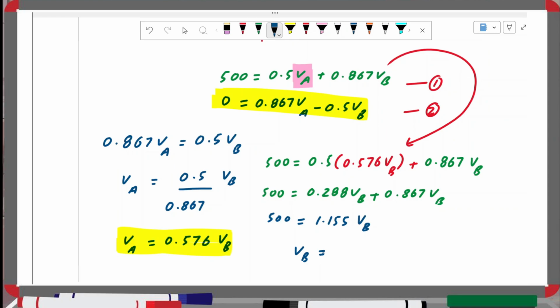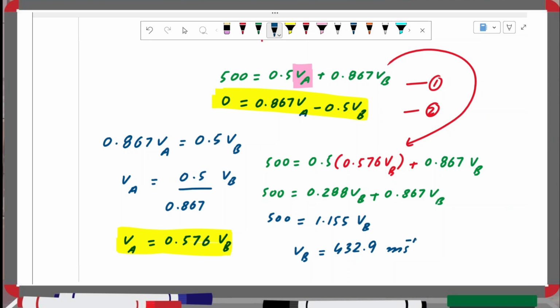And VB equals 500 divided by the answer, 432.9. Okay, thank you. 432.9 meter per second. We'll take care of the significant figures in the final answer afterwards.